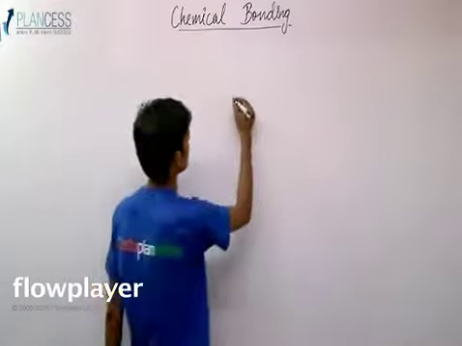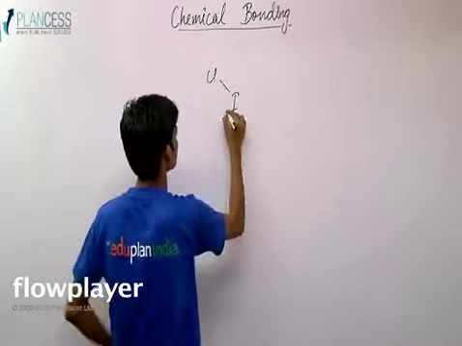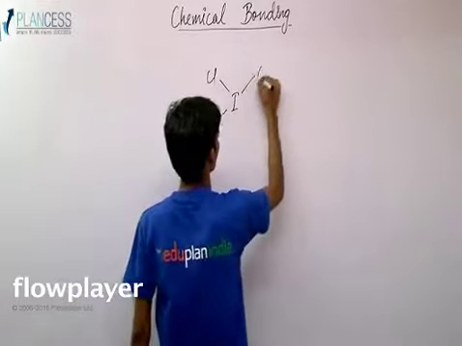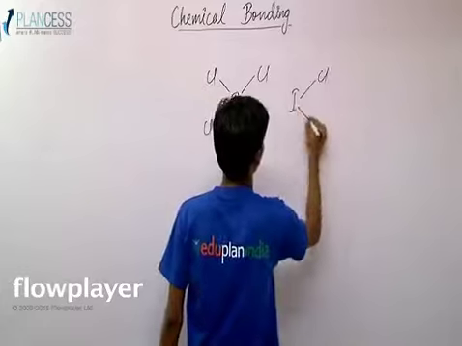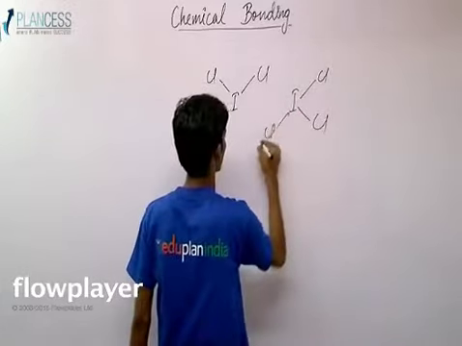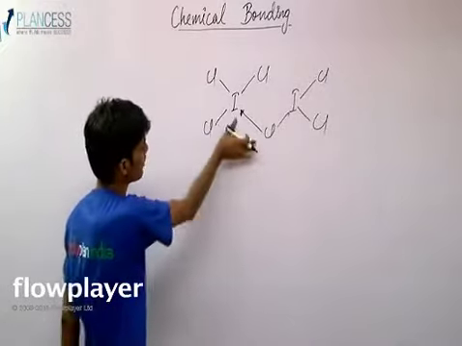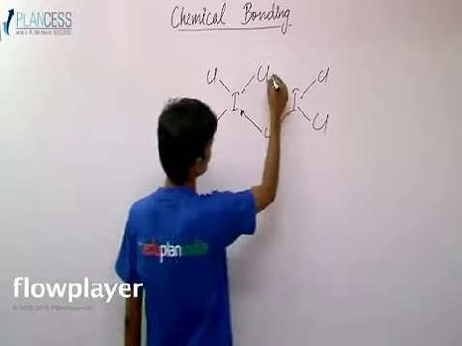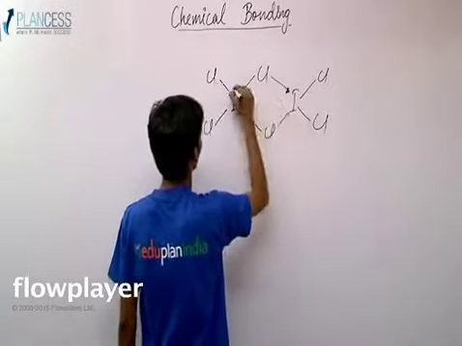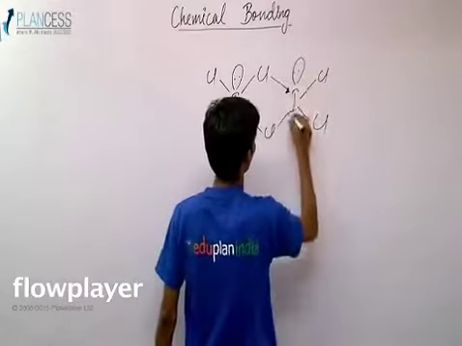The structure is something like this: this is iodine and these are chlorines, and again iodine, then chlorines here. This chlorine has 3 lone pairs, and the iodine has vacant orbitals, so it forms a coordinate bond here and here. Each iodine again has 2 lone pairs.